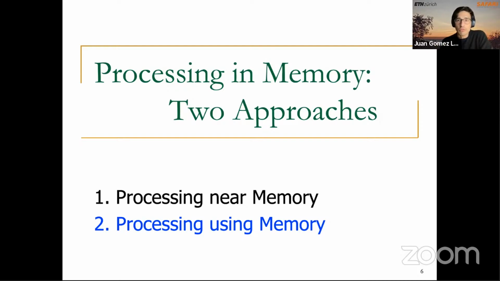Processing using memory essentially consists of taking advantage of the way that the memory cells work in order to perform some sort of computation, maybe some data movement or a row copy, for example, or maybe some bitwise operations. Those are the things that we discussed in previous lectures. And we are going to start from there today.